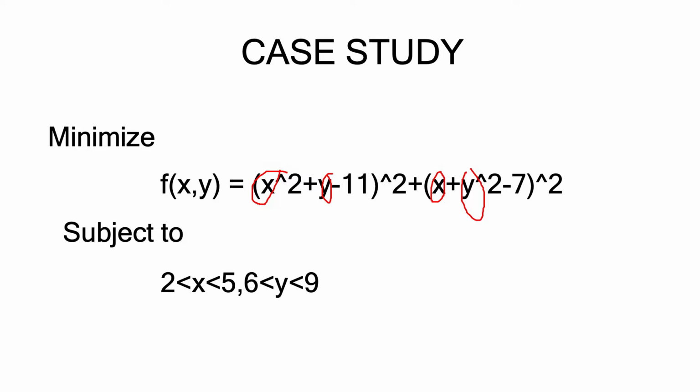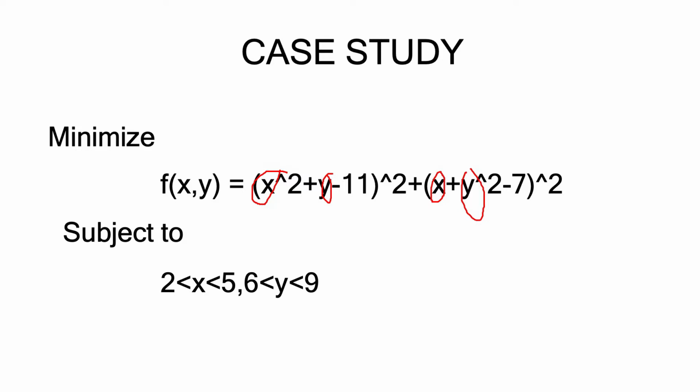What is the condition given? The variables x and y should be within a particular limit. For x it is 2 to 5 and for y it is 6 to 9. So what is this problem statement conveying? We should find the values for x and y within the given range, for x within 2 to 5 and for y within 6 to 9, such that after substituting suitable values of x and y, the value of f of x, y is a minimum.